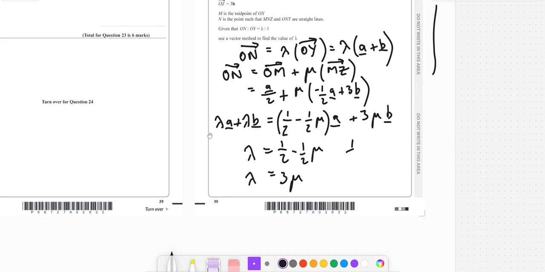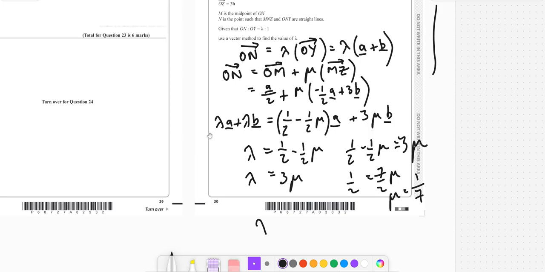So we've got a half minus a half mu equals 3 mu. Take that over, half equals 6 over 2, 7 over 2 mu. So mu equals 1/7.